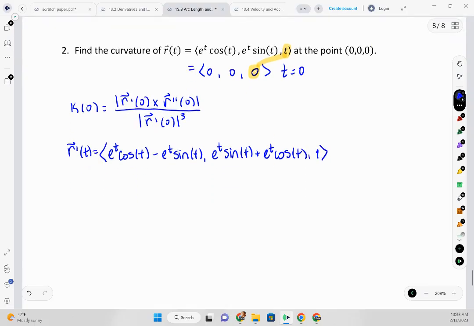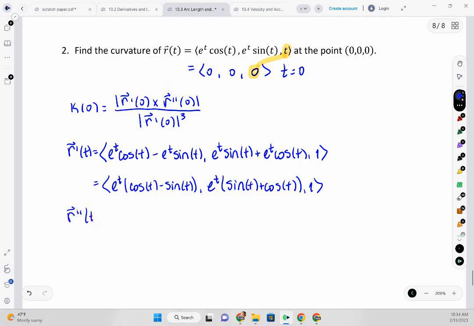Next is r double prime. Actually, let me rewrite my r prime so that I'm not doing 4 product rules. Factor out an e to the t and leave behind a cosine of t minus sine of t in both of the first 2 components. So e to the t, then sine of t plus cosine of t, and then 1.